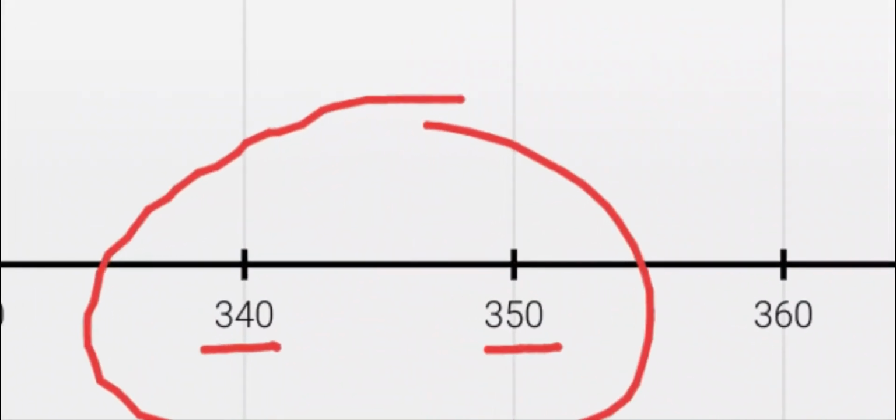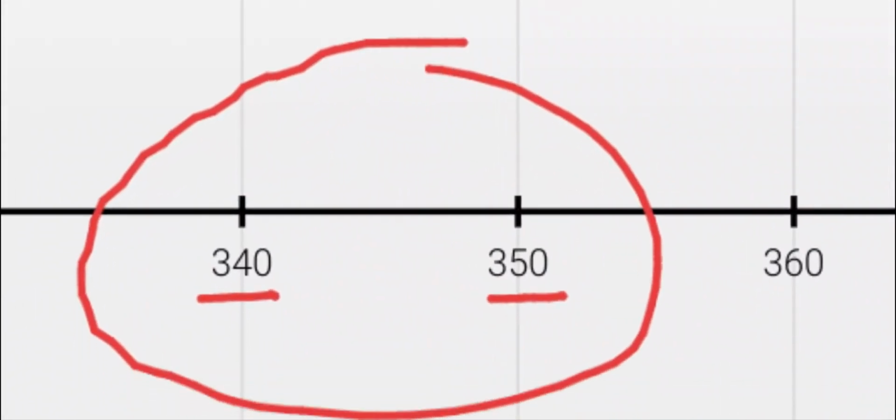Now we also have to determine what is right in the middle of 340 and 350. And we know that half of 10 is 5, so it would be 345.